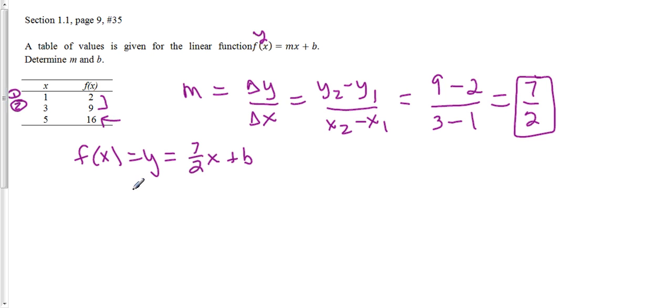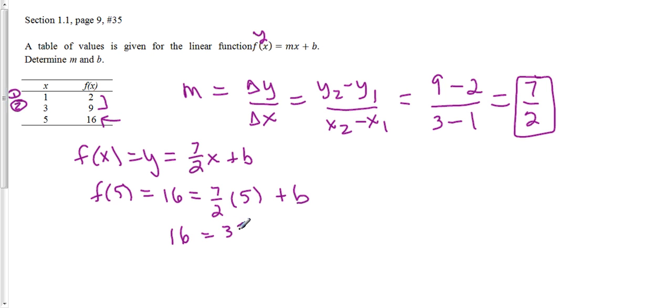So I know that my y value, or my f(x) value, my f(5), is going to be equal to 16. And I'm going to have 7/2 times the x value, which is 5, plus b. So if I do a little algebra here, I have 16 is equal to 35 over 2 plus b.